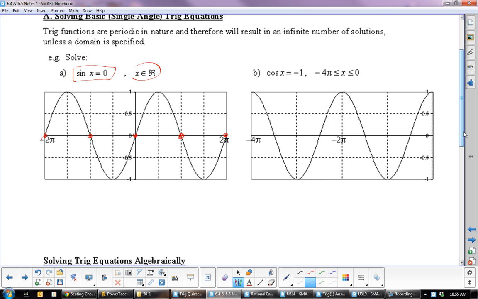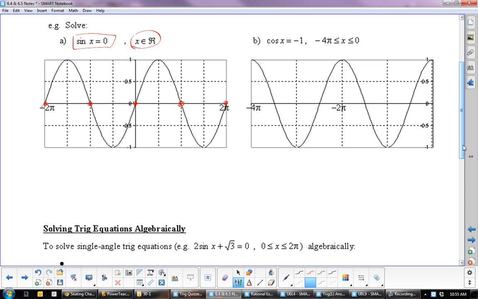Since x is in the reals, it would take forever to list all of the times that it equals 0, so I need a faster way to do that. Sine x equals 0 when x is n pi, where n is in the integers. So this is for infinite.